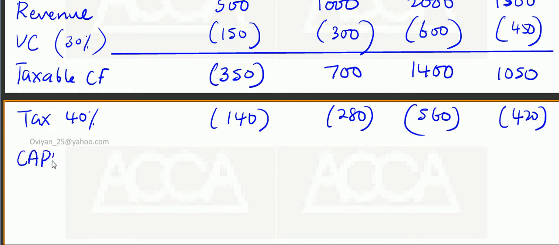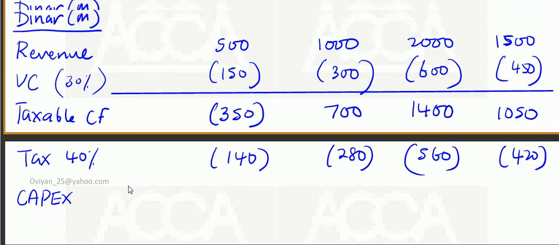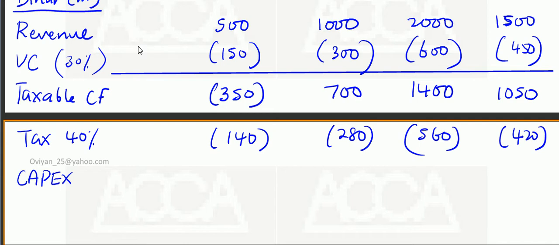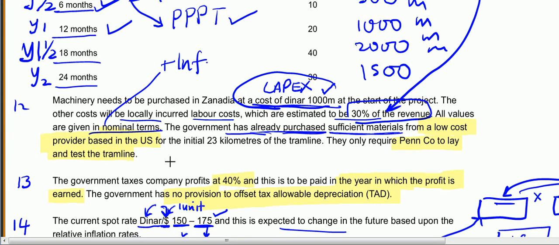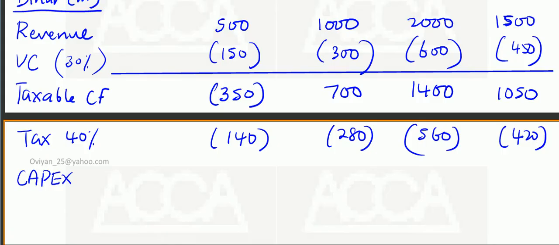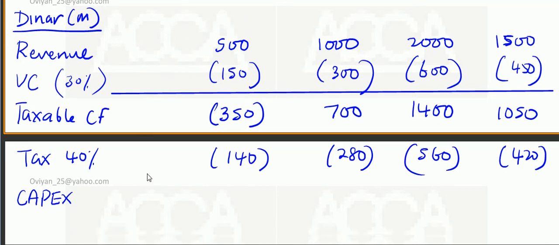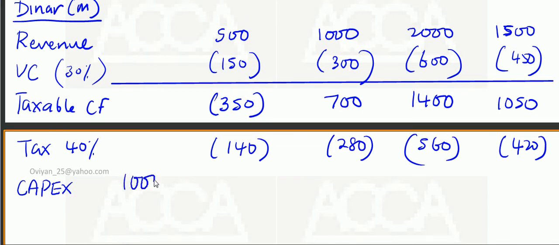Now you bring in all your capital expenditure and working capital and all that. Capital expenditure is mentioned in paragraph number 12, and it's going to be 1,000 million dinar. We're just going to bring in all this, still in dinar cash flows.